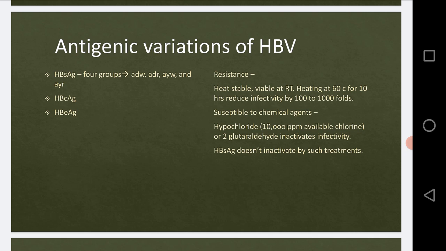You can see in the diagram in the previous lecture's slides that they have indicated the different antigens with different structures at different places in the nucleocapsid. The HBc antigen is the core antigen and it is present in the proper nucleocapsid, in the core, whereas the HBe antigen is present just after the nucleocapsid, in the matrix.